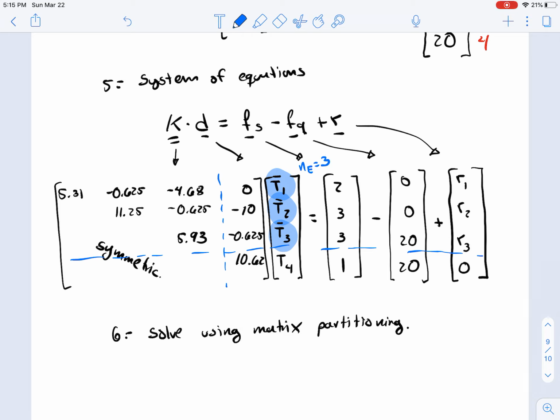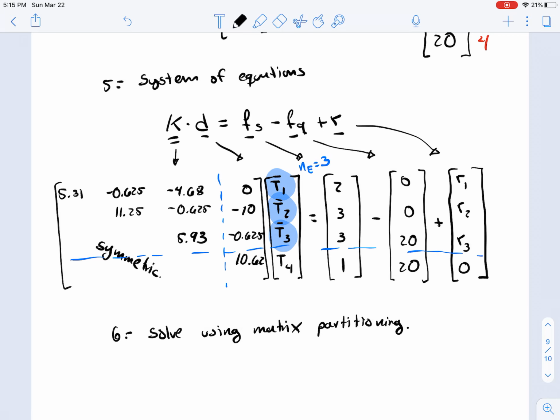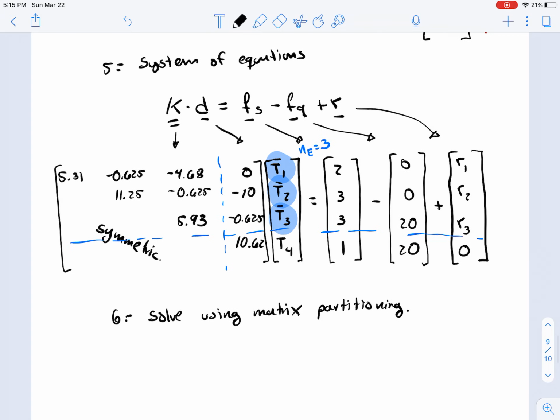I have 3 nodes that have essential boundary conditions, so I could use that to split the system, and then I will end up with an equation for T4. And if you solve that, you get that it is minus 1.788 Celsius.